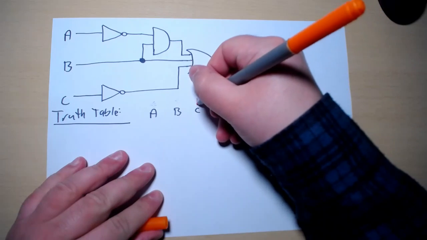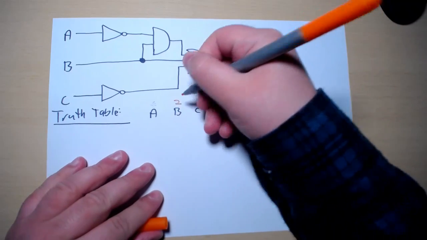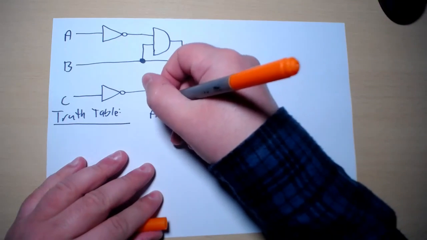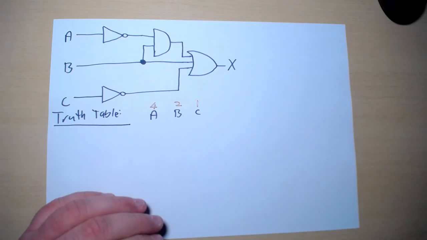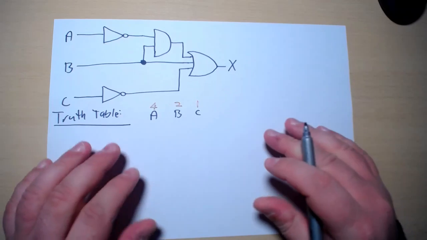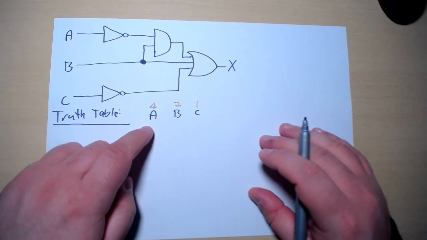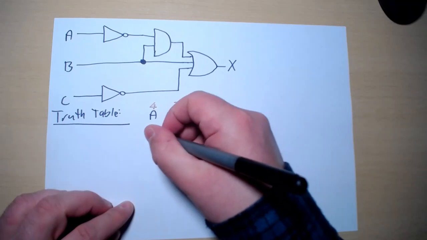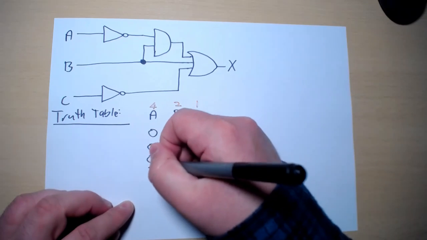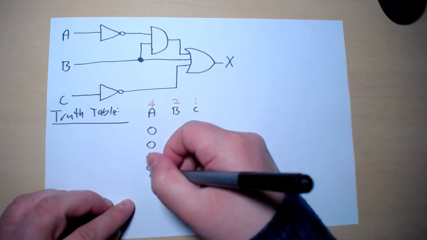So 1, 2, and 4. Now, all you have to do is start from the largest one, the 4, and write down 4 zeros followed by 4 ones.